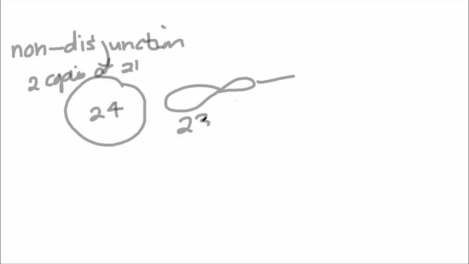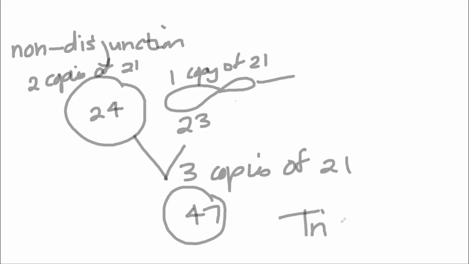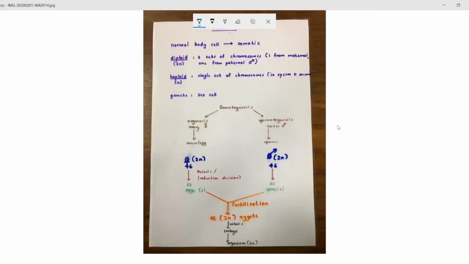The sperm will be normal, will have 23 chromosomes, 1 copy of the 21st chromosome. The 2 will fuse and form a zygote with 47 chromosomes, 3 copies of the 21st chromosome, and this is what results in trisomy 21. Okay, and this happens at meiosis. It will be at anaphase I or anaphase II. We're not actually sure.